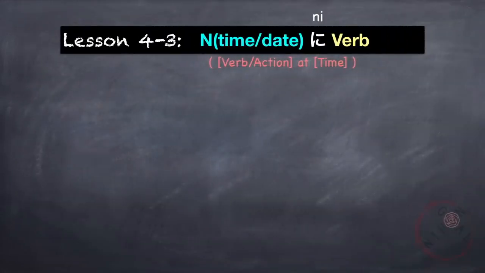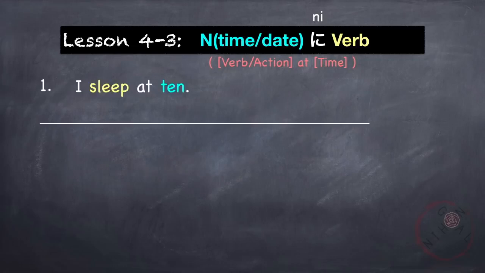Next is time or date, followed by ni. This is a particle that is attached to indicate the time of the action. Time or date, ni, verb, or action at time. For example, I sleep at 10.